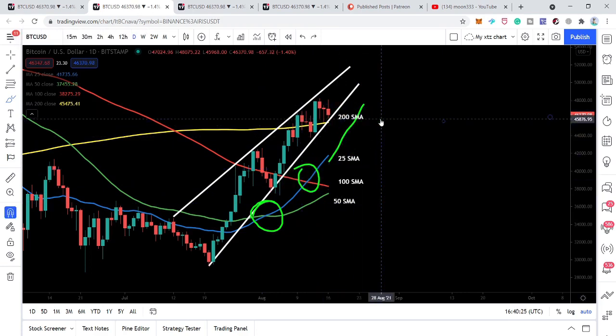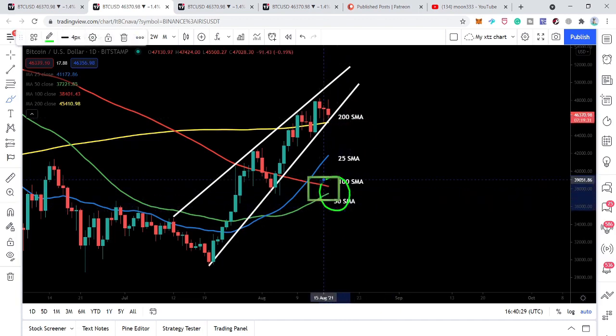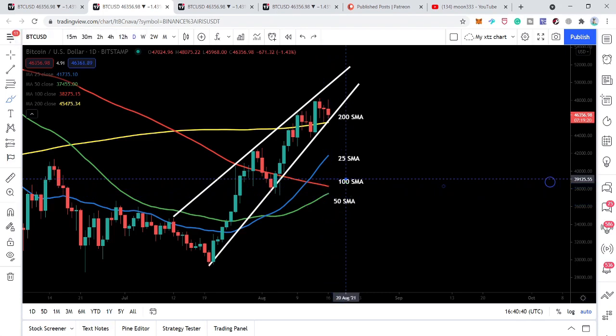And here you can see that we are expecting this bull cross between the 50 and 100 very soon. The 100 simple moving average is moving down and the 50 simple moving average is moving up. And whenever the smaller time frame moving average crosses up the bigger time frame moving average, we know that produces a rally towards the upside.